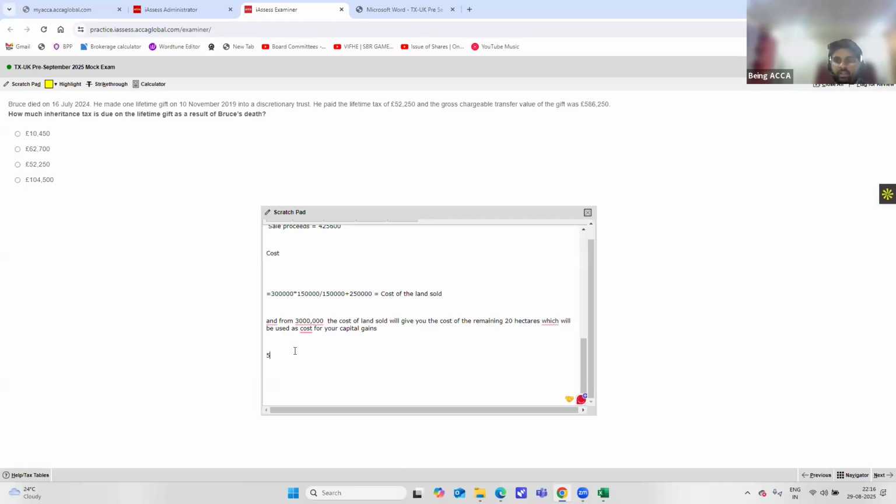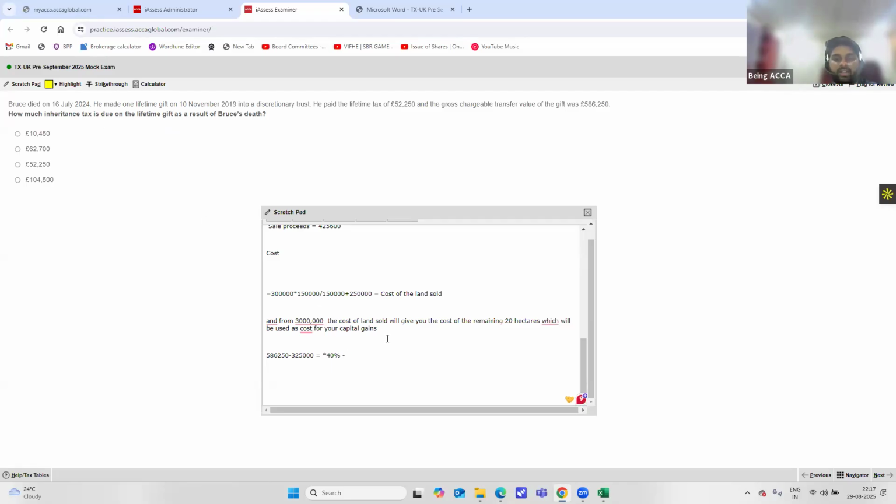You have your gift value 586,250 minus your nil rate band 325,000, and on that you will be taxing it at 40%. And because he has died within 7 years, there will be some taper relief available.